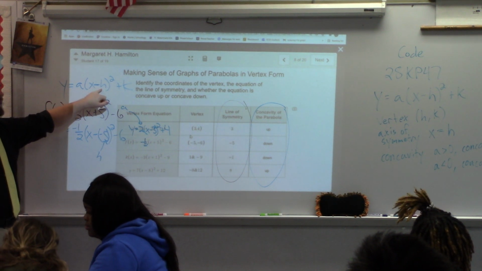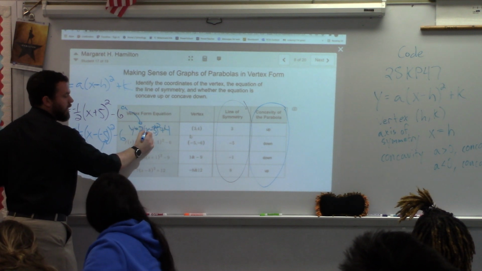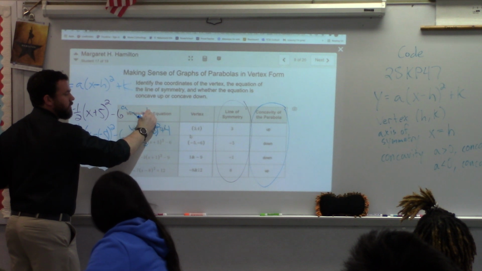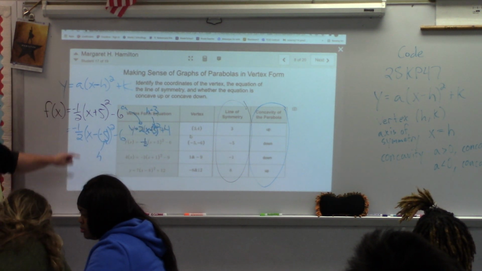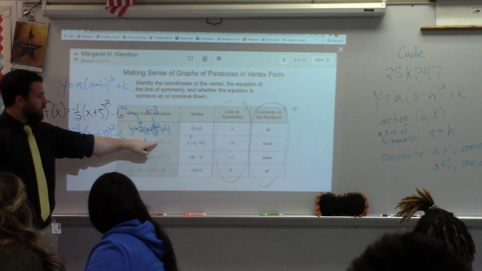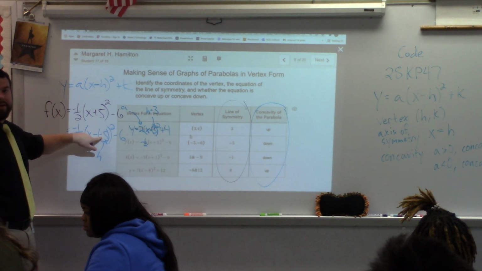Because it's x minus h, when I look right here at x minus 3, the x minus stays the same, so what's the value of h? Just a +3, right? So you have to go back to this form, x minus h. So when it's x plus 5, it was x minus a -5, okay?